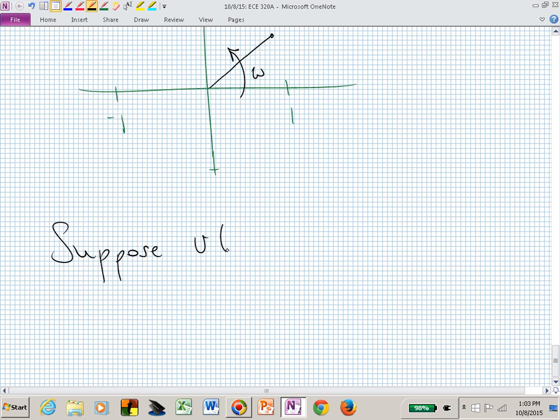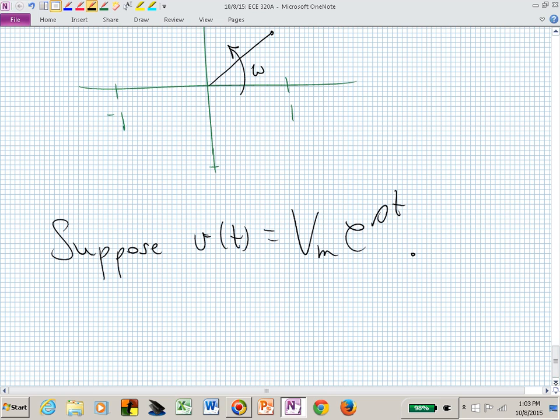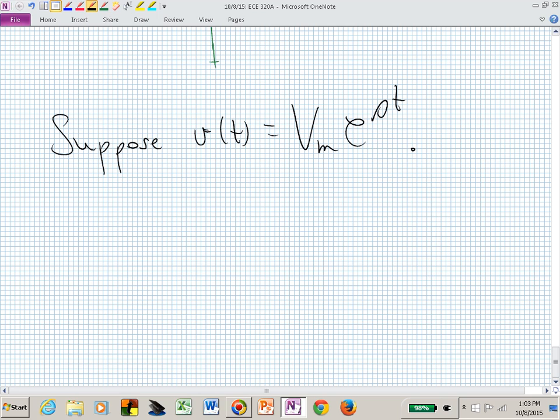Suppose now that I tell you v of t is now v sub m e to the st in general. You can think of that as a voltage, where v sub m is maybe the maximum value, now scaled by this complex exponential e to the st. What if s is equal to 0? What becomes of little v of t?